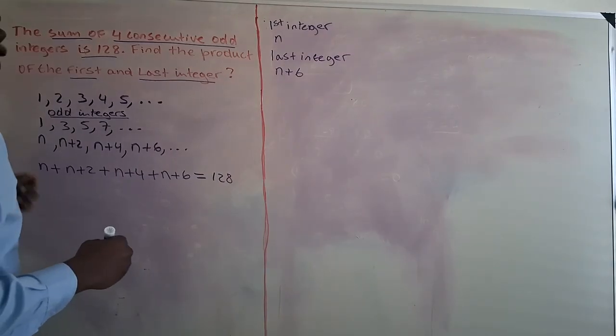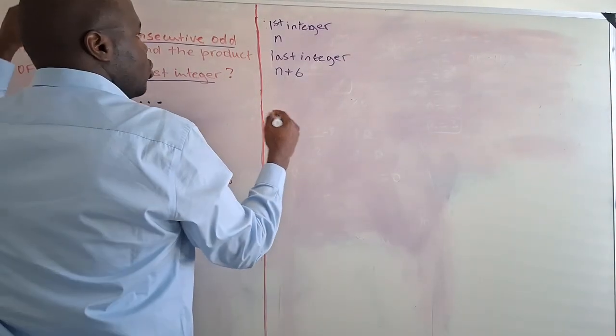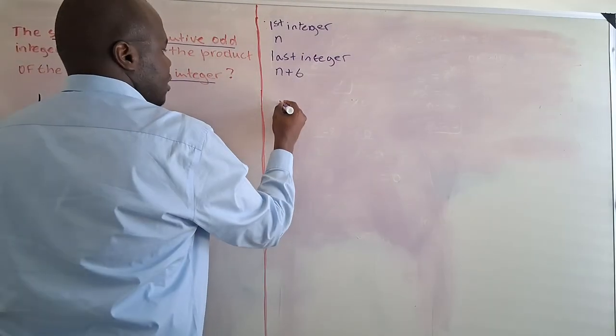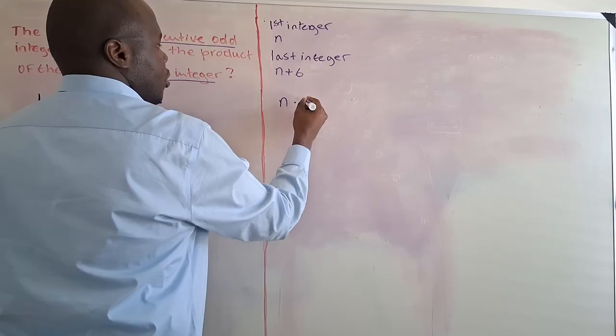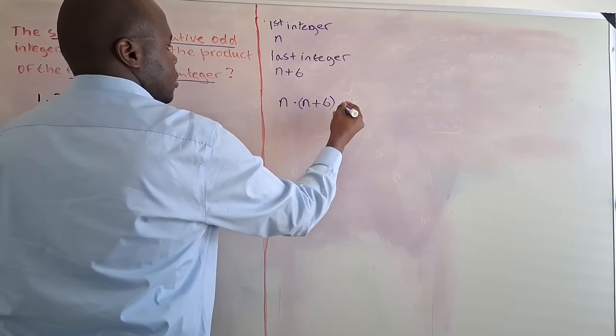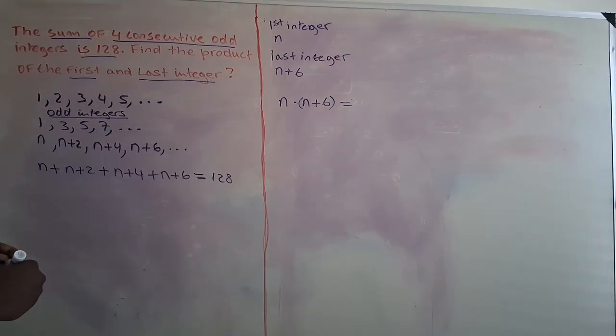So basically, they want us to find the product of them. They want us to multiply them together to give us the final answer. So we would take n and multiply it by n plus 6, and that will give us the final result.